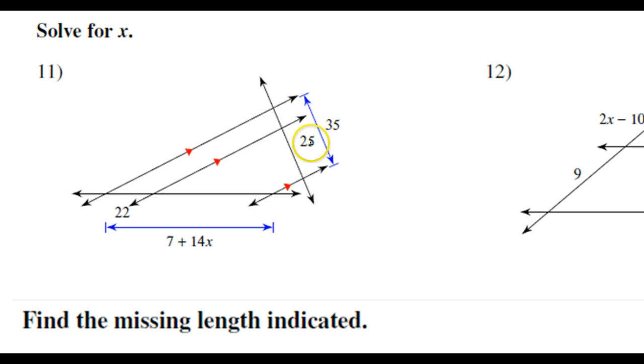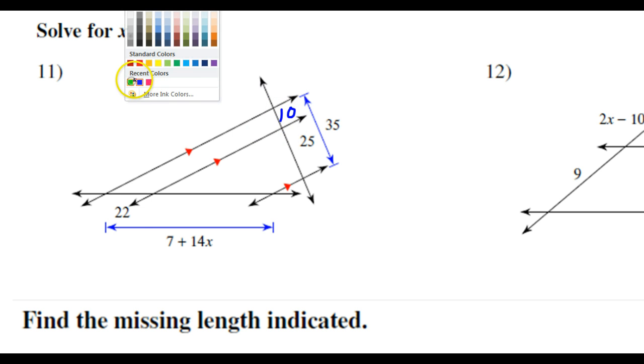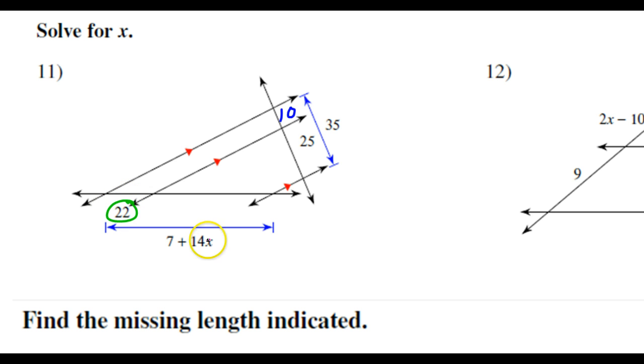So if this is 35 and this is 25, then of course this must be 10. So now we can do the proportionality theorem. The part and the whole should be proportional to the corresponding part and whole.